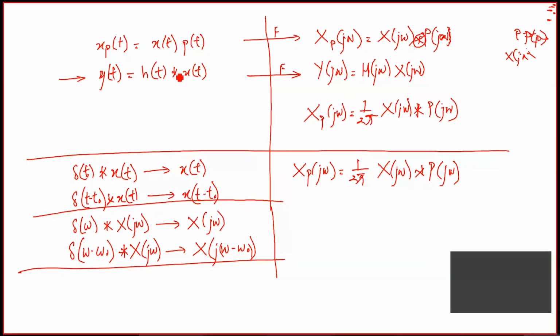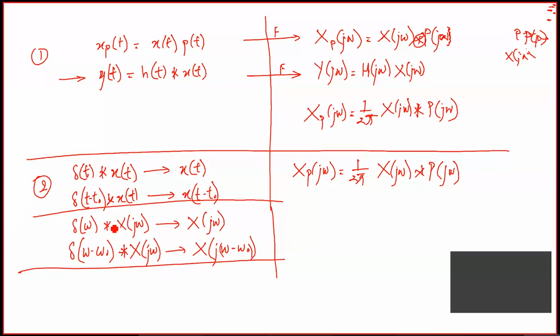The other thing, the background knowledge that we need, is that anything convolved with an impulse will give you the same thing back. Whether you do that in the time domain or in the omega domain, anything convolved with an impulse will give you the same thing back.